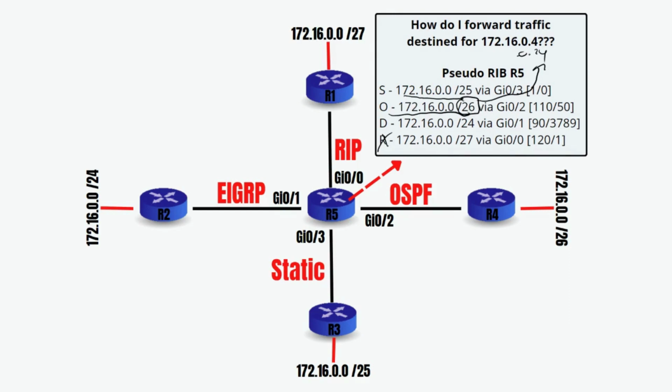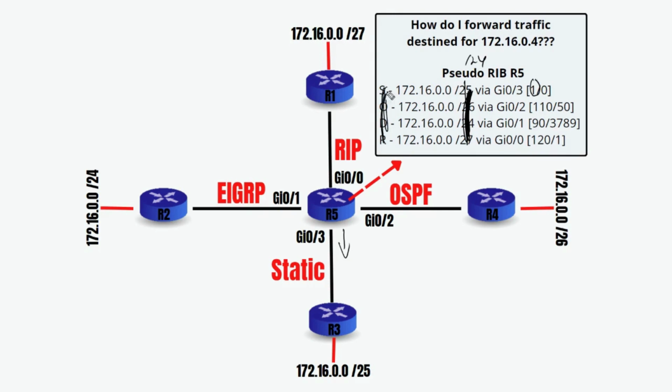Awesome. So now let's say all this was equal, meaning get rid of this, and all these are slash 24. Now which way is it going to go? It's going to go the static route way, because that is the lowest administrative distance out of all 4.